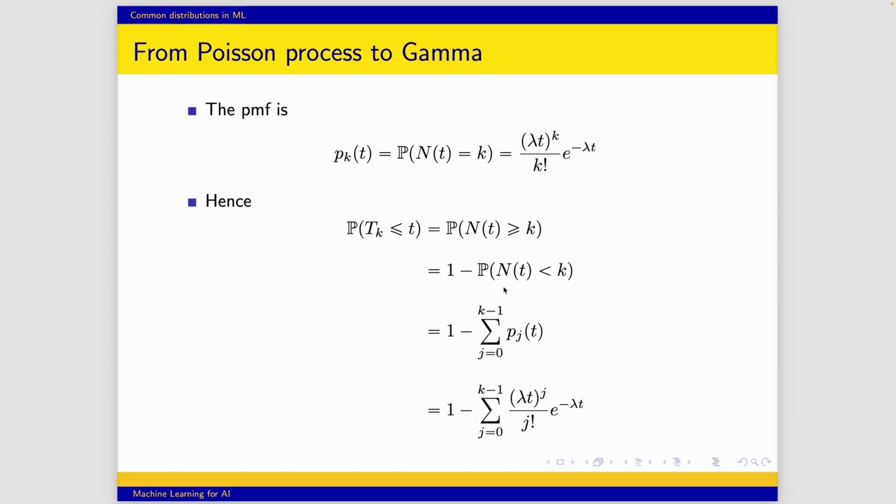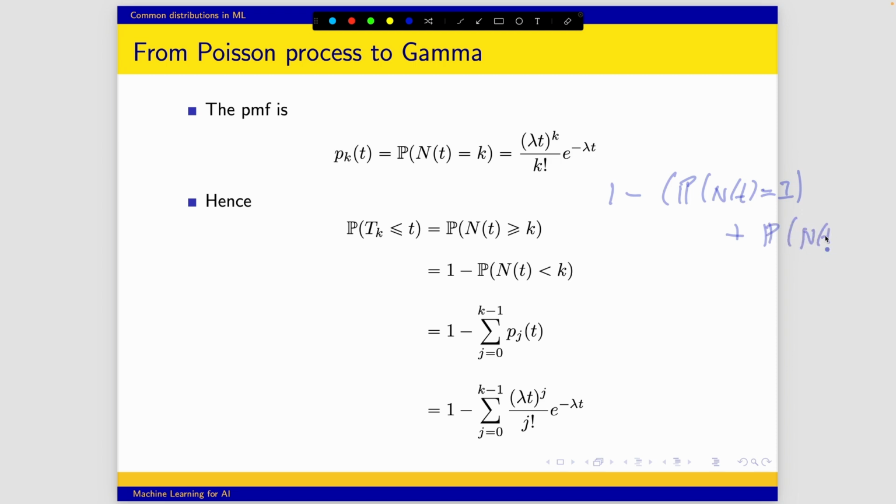And what's this? Well, this is 1 minus the probability that N_t is equal to 0, plus the probability that N_t is equal to 1, plus the probability that N_t is equal to 2, plus dot dot dot, up to the probability that N_t is equal to k minus 1, right?